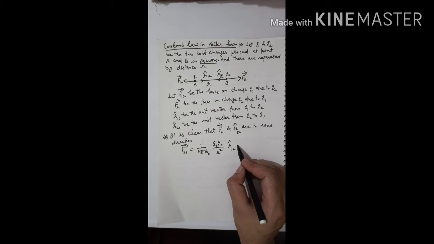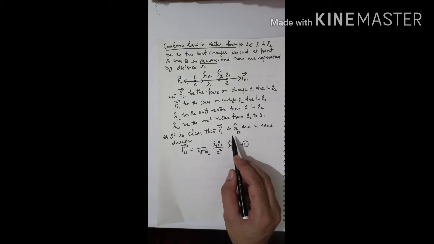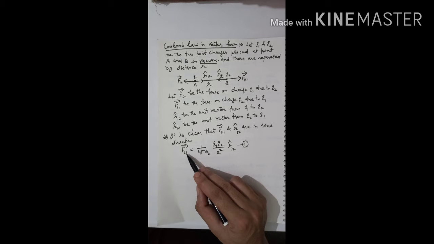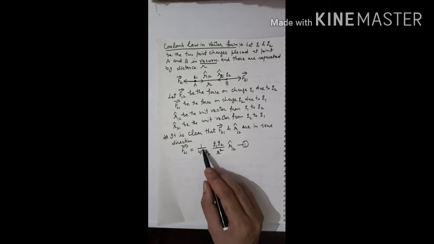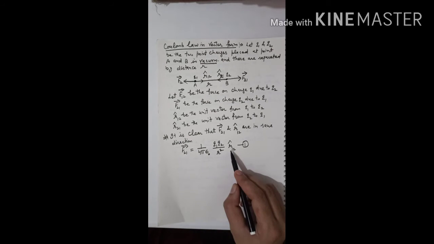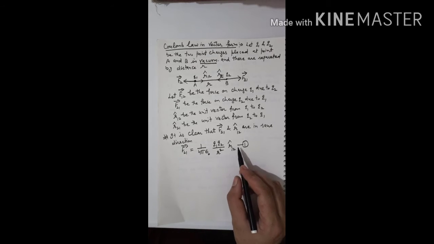Say that this is equation number 1. So F21 and r12 are in the same direction, and this is the unit vector along the force F21.